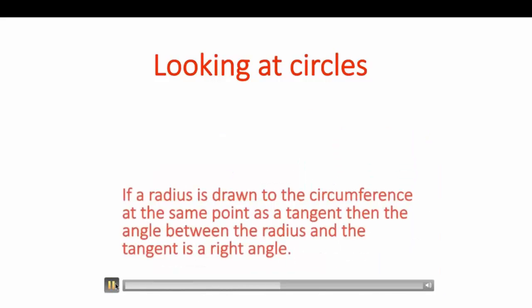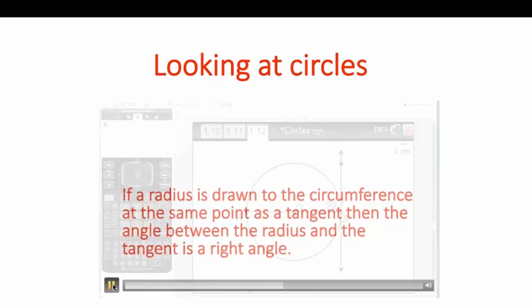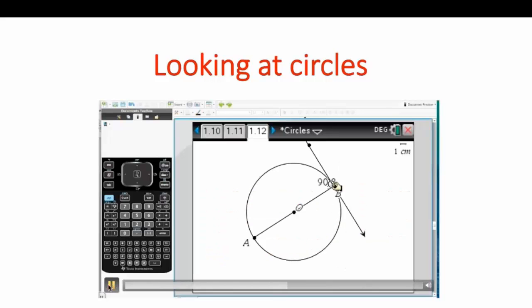The logistical ease of saying, okay, take out your calculator and just simply do these constructions, which of course you can send to them as well. If you're using the Navigator system, you can send these constructions to them.